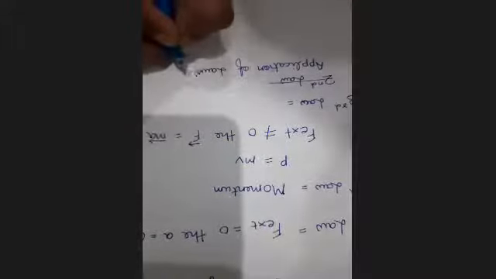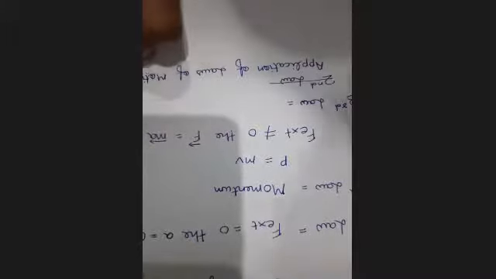In Newton's second law of motion, we can find acceleration, which is a equals net F upon m. In Newton's third law of motion, we can solve the problems regarding gun shooting and that.